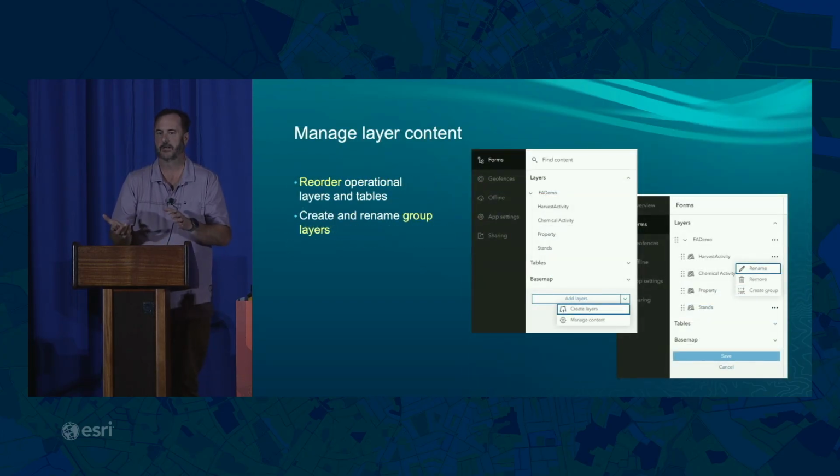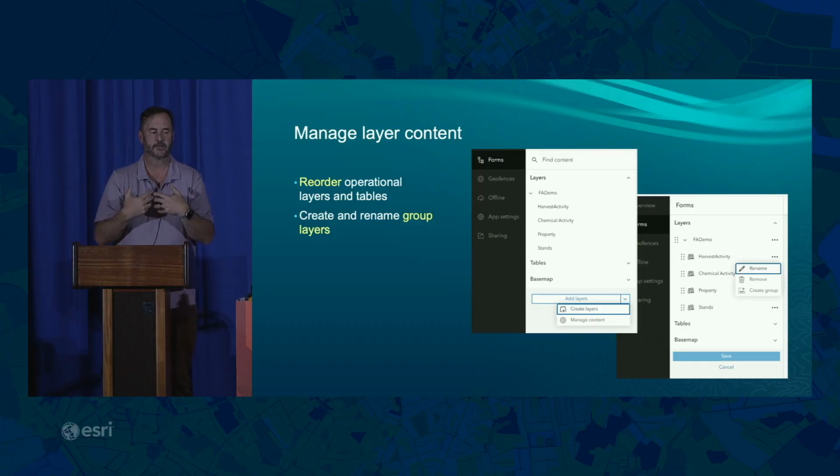Managing layer content. I mentioned earlier that you could open up the embedded map viewer, but as you're creating layers and you're making changes to forms and stuff in the designer, it's nice to get into an experience where you can manage those layers. Maybe it's reordering the layers, maybe it's creating a group layer and moving feature layers into the group.